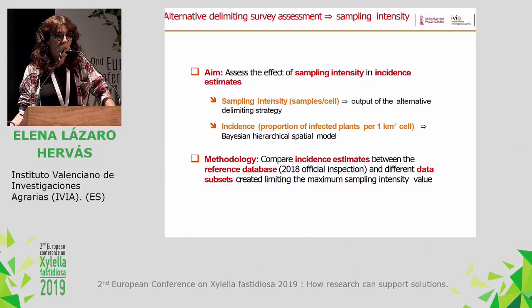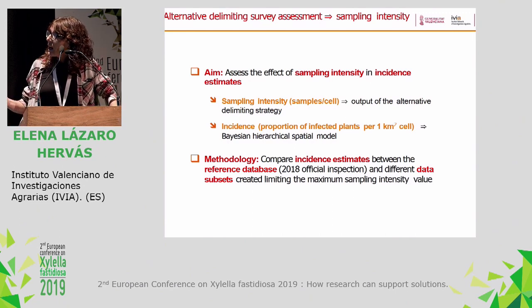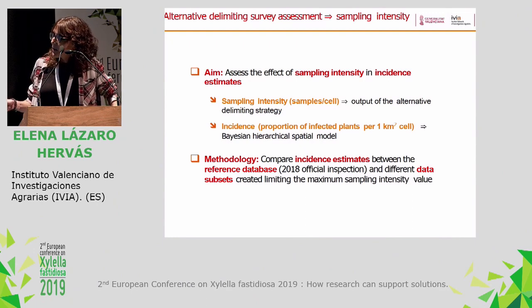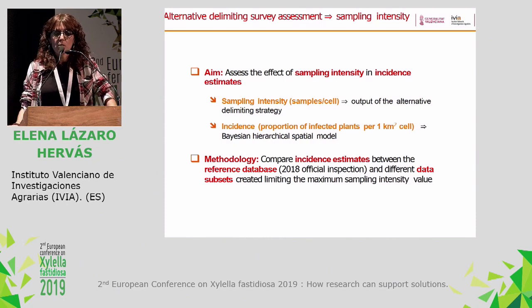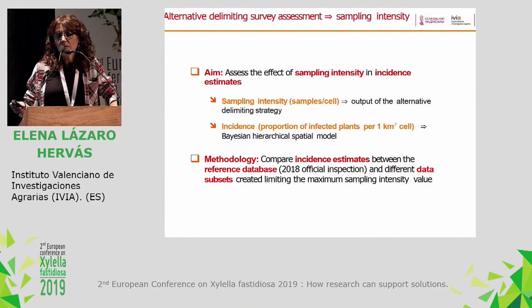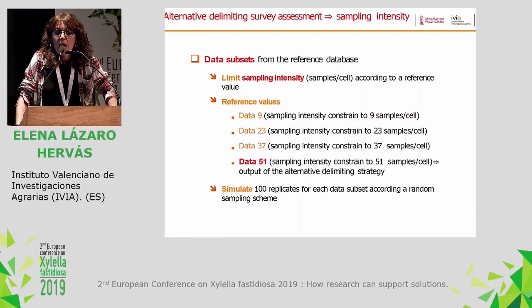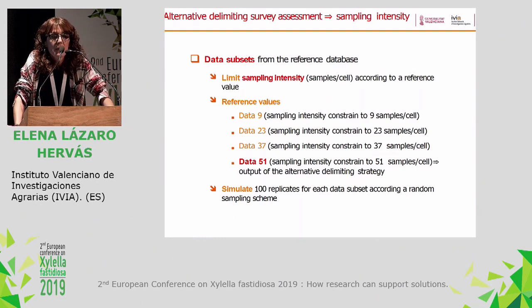in the Alicante demarcated area. So our proposal is to compare incidence estimates with the reference database, that is to say the data that belongs to the official inspection of 2018, with different data subsets created by limiting the maximum sampling intensity value. Data subsets have been created limiting sampling intensity according to a reference value.